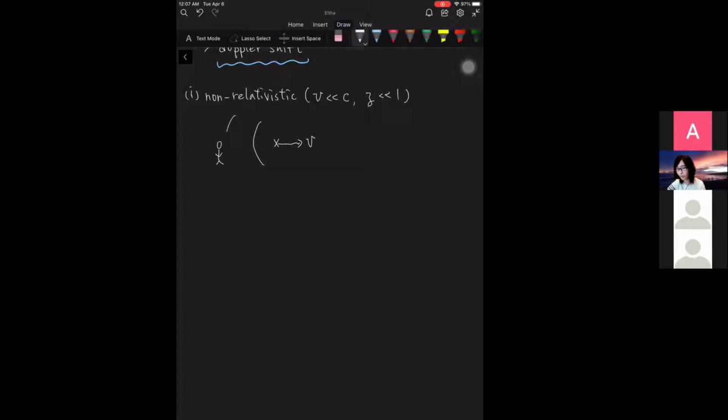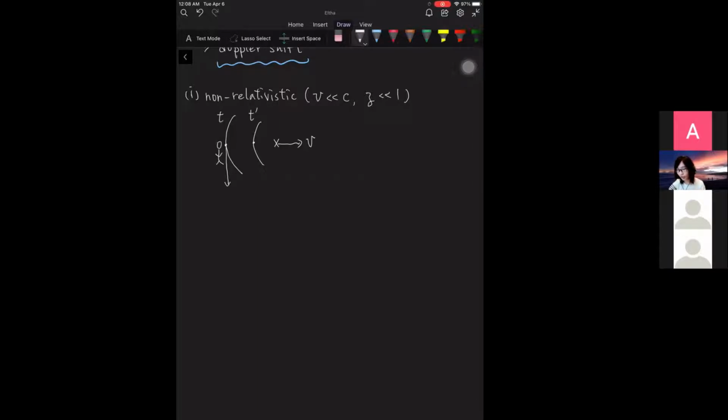Because the wave is propagating toward us so that we can see that object. Let's say this wave crest just arrives at us at time t. And then this is the next wave crest, let's say it's emitted at t prime.